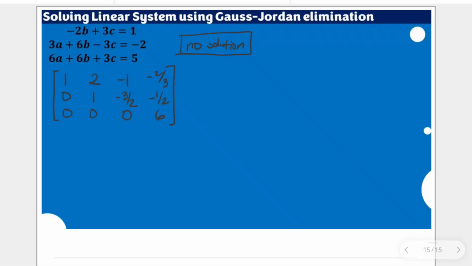Okay, so if the row echelon form from last time after the Gaussian elimination showed that there was no solution, if we are going to come up with a reduced row echelon form for this after applying the remaining steps for the Gauss-Jordan elimination, it should also return no solution.